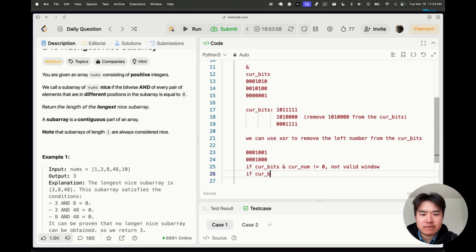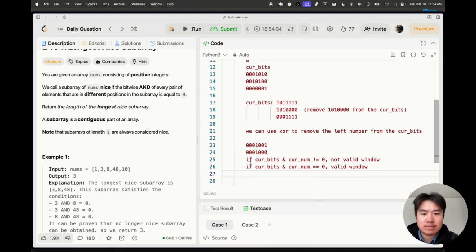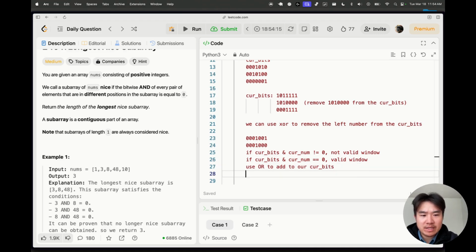And if the cur bits ANDed with the cur num is a 0, then we have a valid window, right? And then how do we add to this window? We just use OR to add to our cur bits, right? And then what are we going to be adding? It's going to be the right pointer.